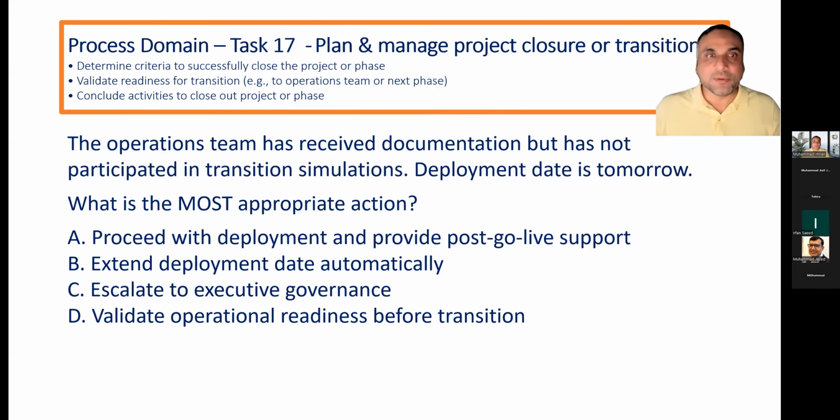The operations team has received documentation but has not participated in the transition simulation. The deployment date is tomorrow. What is the most appropriate action? Wait here, please. If it would be you, what would you suggest? Without reading the options, you could not connect with the people who were responsible for the operations and you have a date tomorrow.